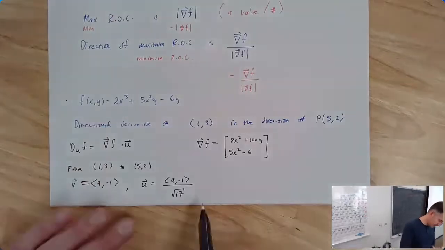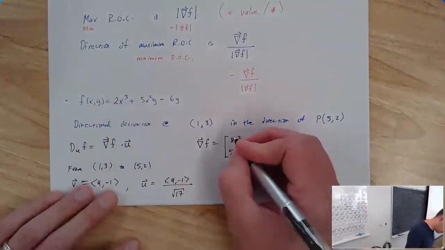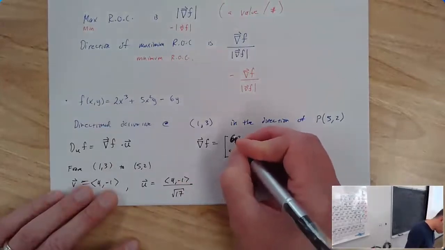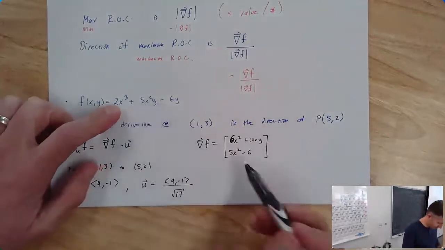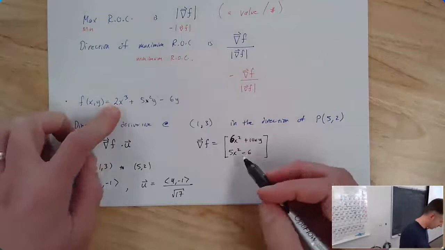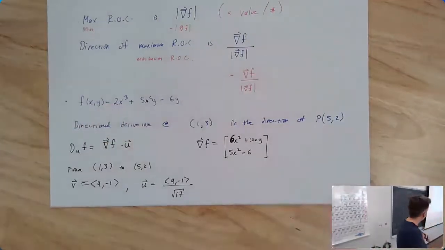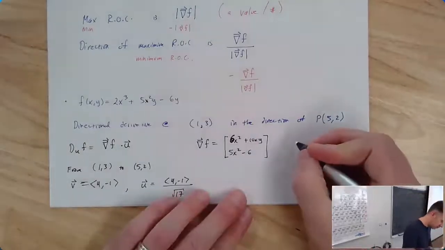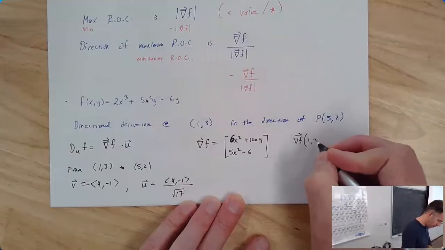Let me double check here. Oh yeah, wow, brain, sorry, good call, the 6x squared. Let's double check the rest of it now. Derivative here is 2x times 5 times y. Yep, 10xy. And then the other part's going to be derivative that's 0, derivative that's 5x squared. Yeah, thank you.